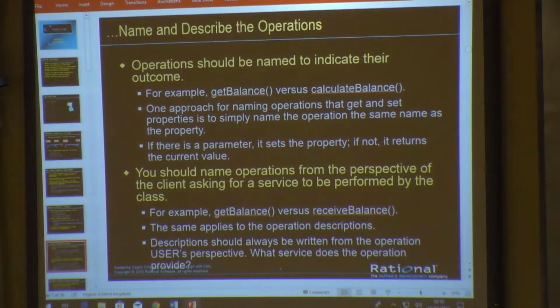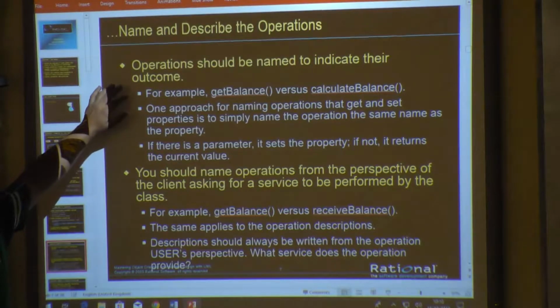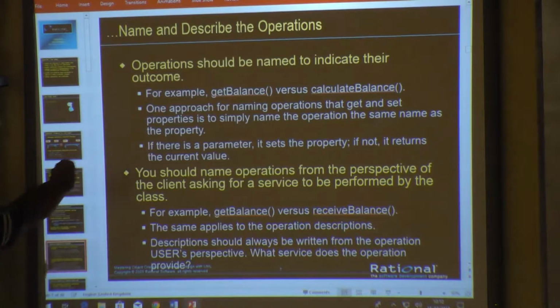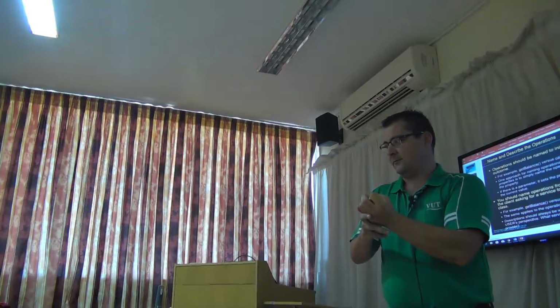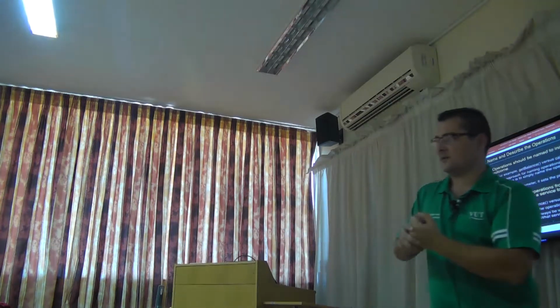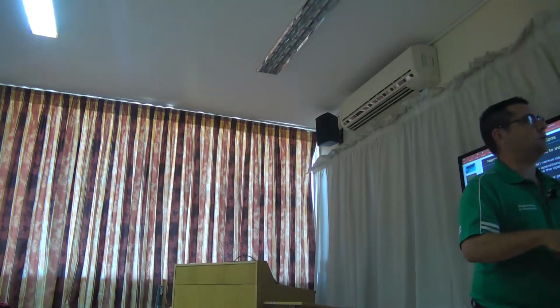naming operations. Now what you see, they are saying to us it must be done to indicate the outcome. If we look at get balance compared to calculate balance, what is the outcome from that? Is it to receive a balance or is it to get a balance? Ultimately, it will be to get a balance.